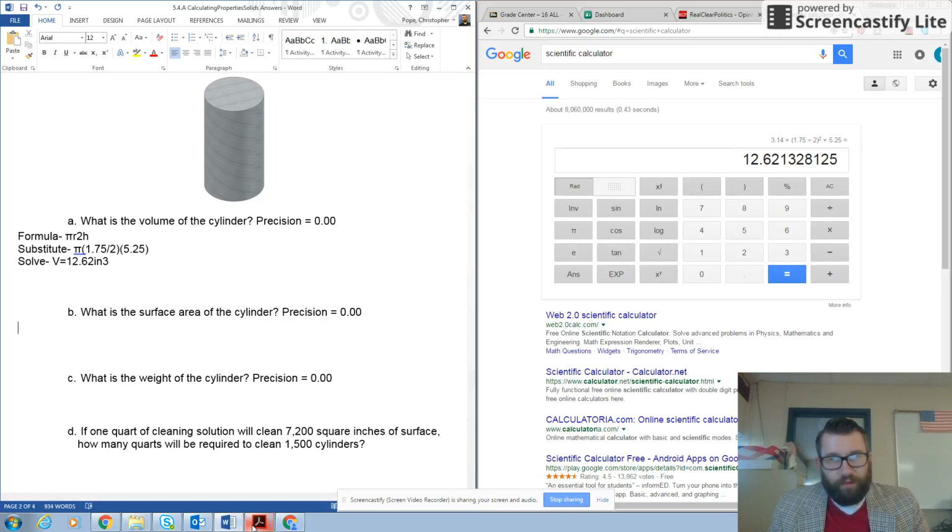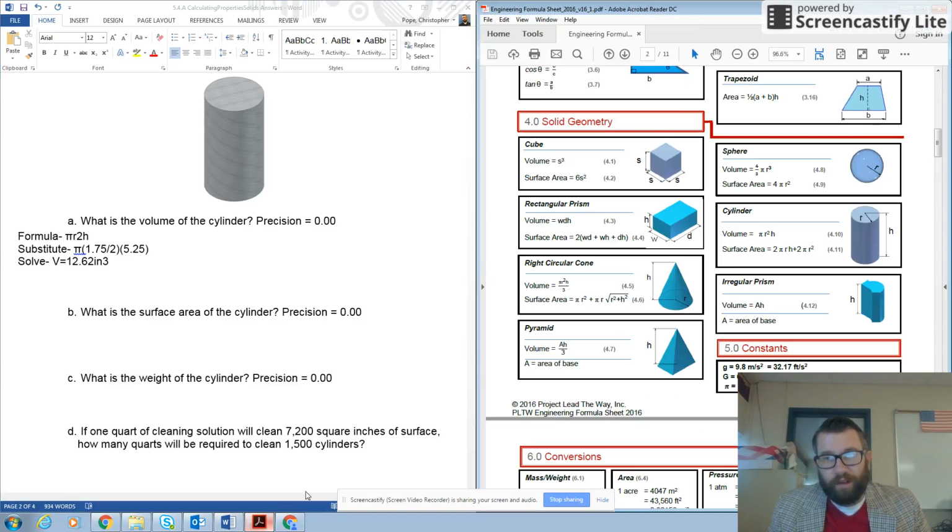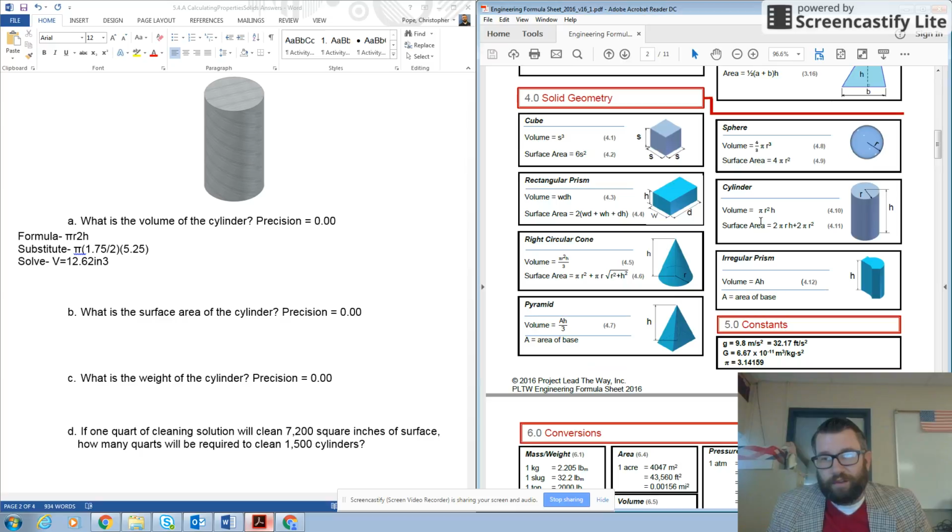Now I'm going to move on to part B. This says, what is the surface area of the cylinder? I'm going to go back to my formula sheet, and the surface area of a cylinder is 2 pi r times h plus 2 pi r squared.